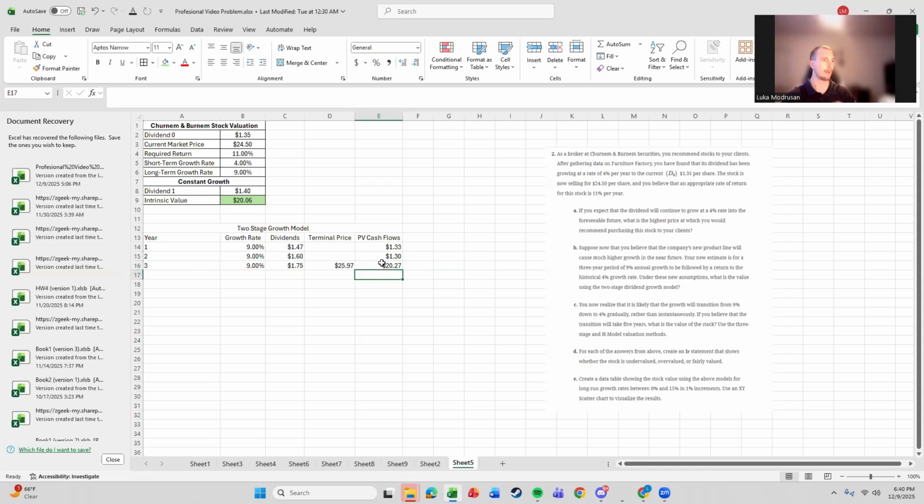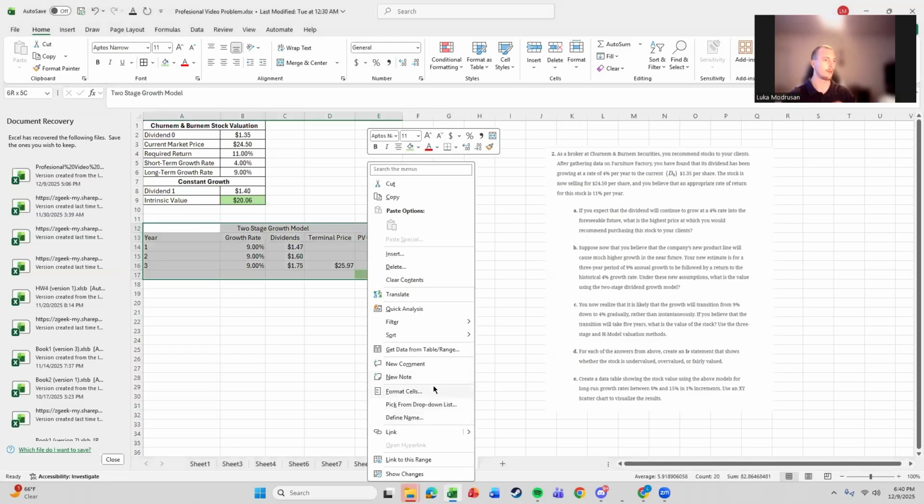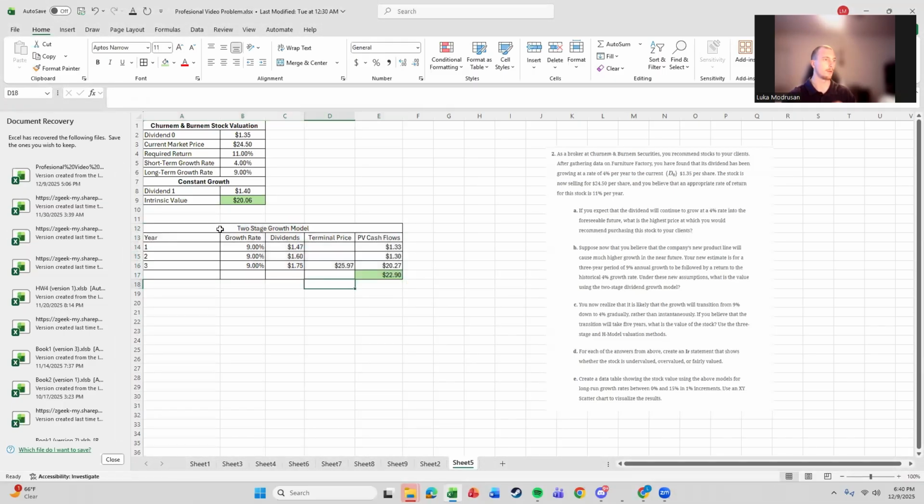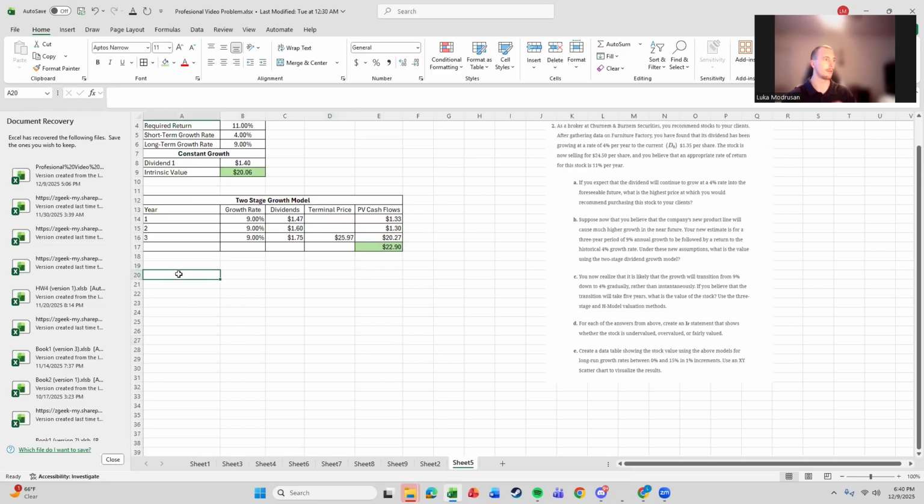So now that we got that down, we can sum up these cash flows. So sum, just like that. Right. And then let's do a border, bold. And then we'll do the underlines at the end.